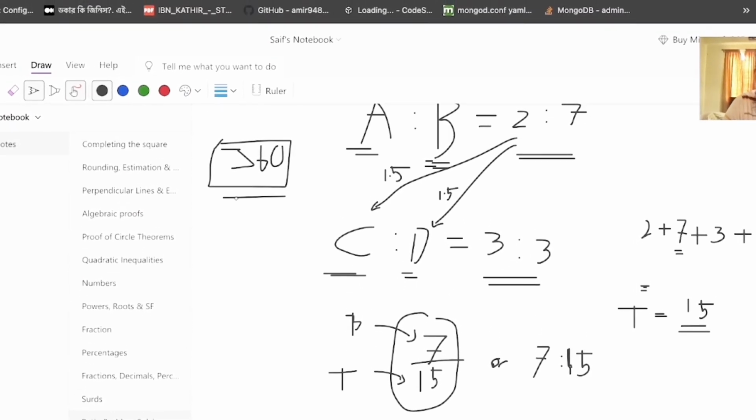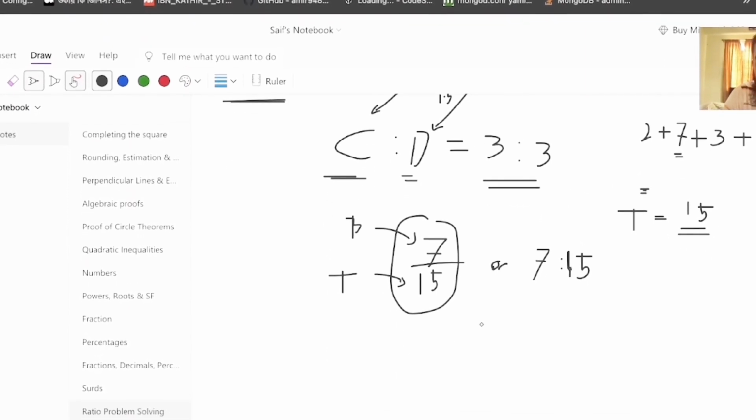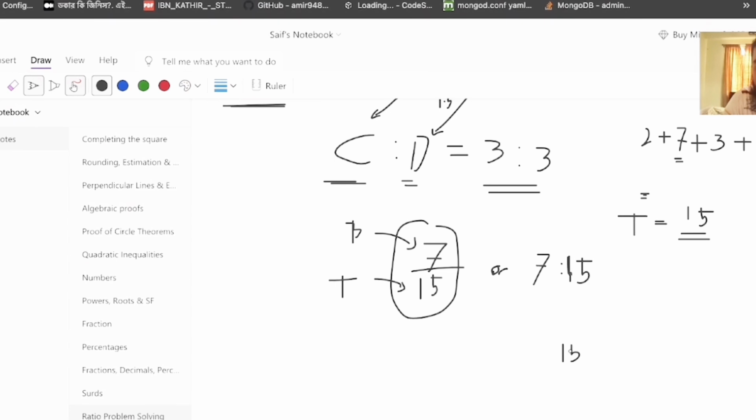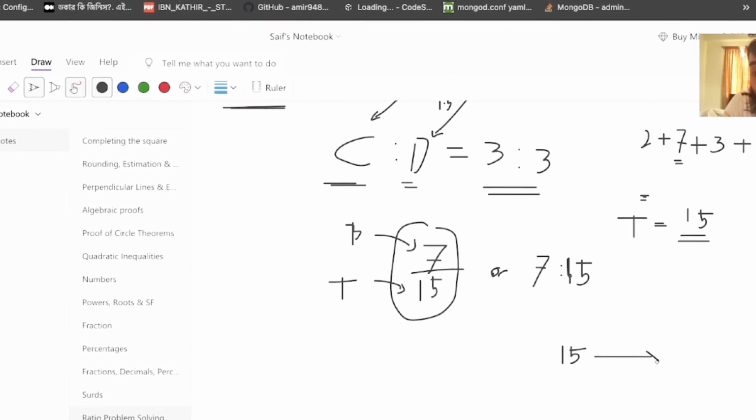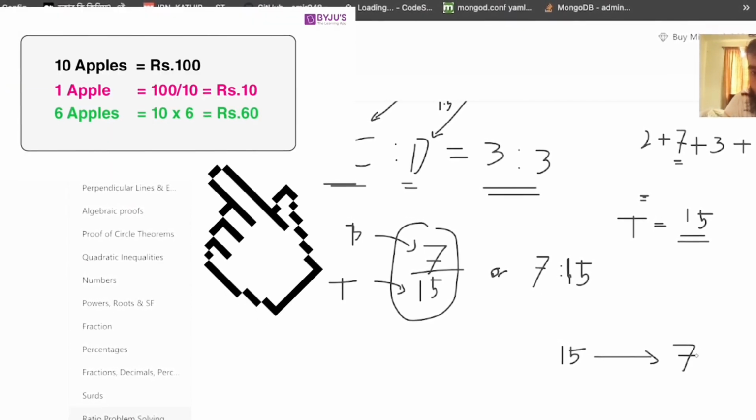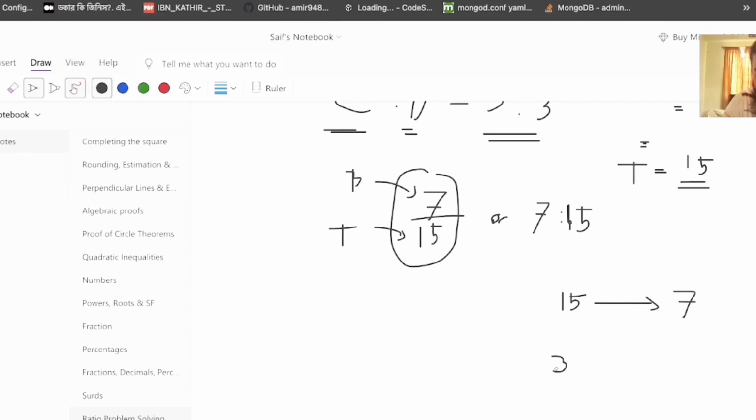Since 360 pounds is divided, for each 15 pounds, Ben gets 7 pounds. So for each 360 pounds, Ben gets 7 by 15 multiplied by 360.